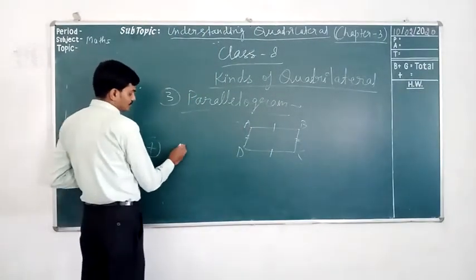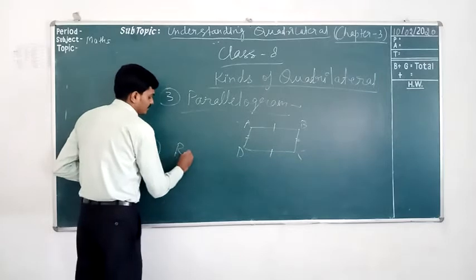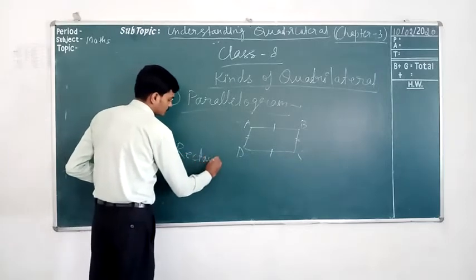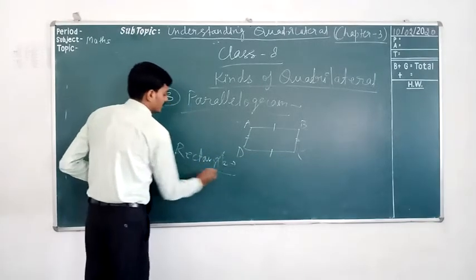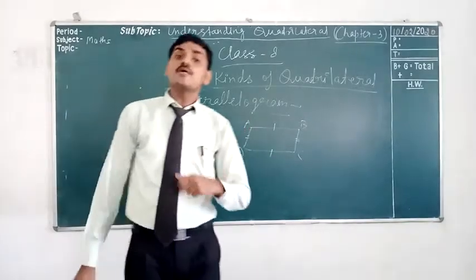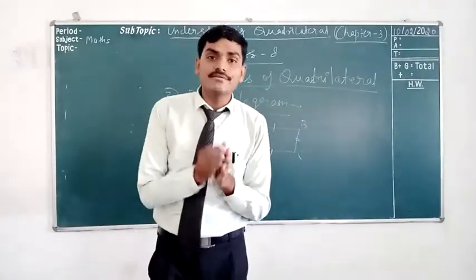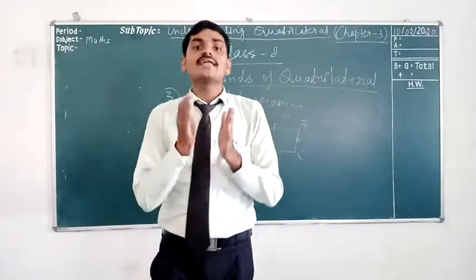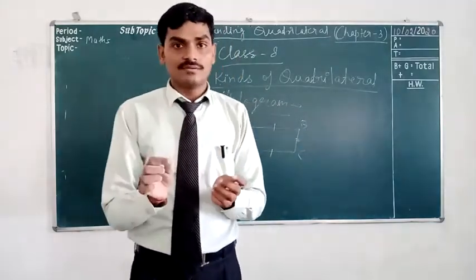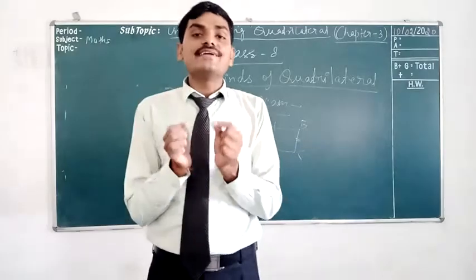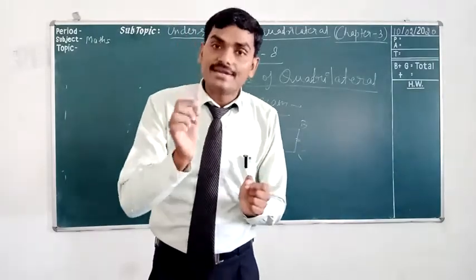Next one is rectangle. What is the rectangle? Rectangle is a special type of parallelogram in which opposite sides are equal and parallel and all the interior angles are 90 degree.